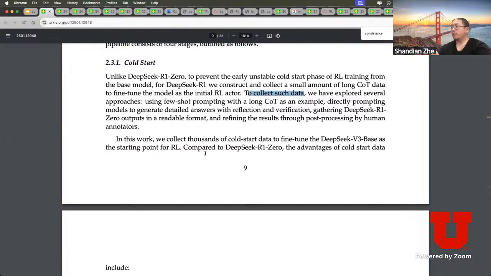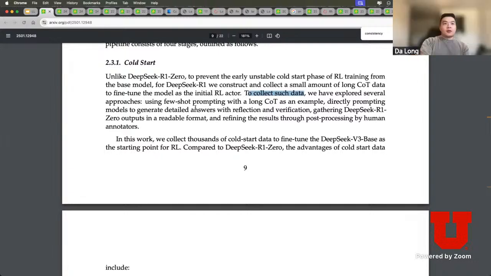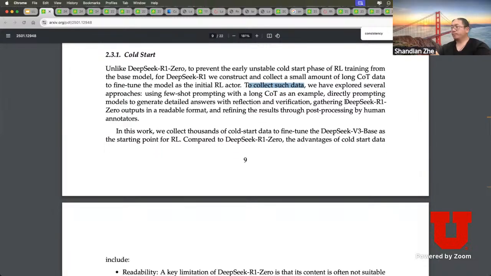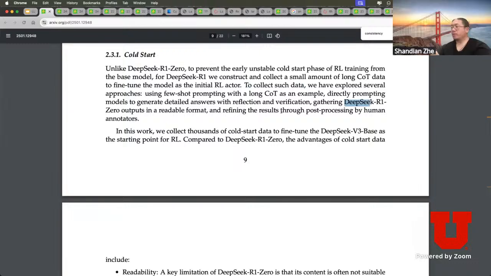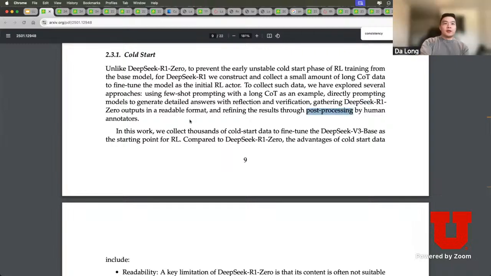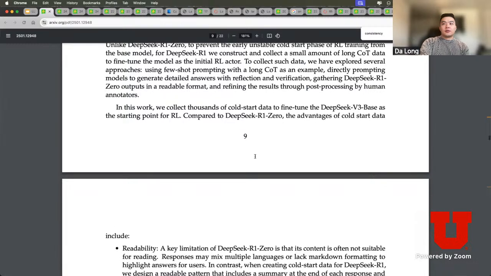It's not public data. They prompt the model to generate chains of thought, even prompting R1-Zero to output chains of thought and refining the results. And they want human annotators to check the answers and filter out low quality ones, right?